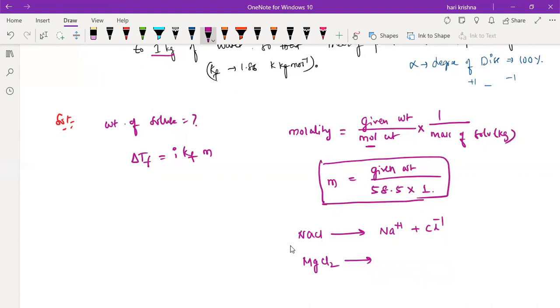Mg plus 2 and 2 Cl minus 1, right? That means what is the n value here? One is the Mg plus 2 and two Cl minus. So n value is equal to 3, right?